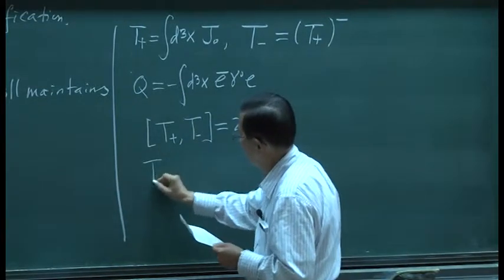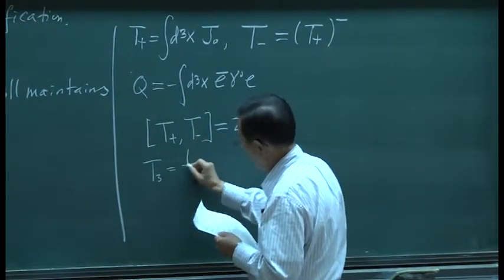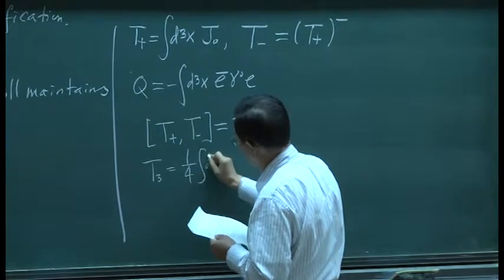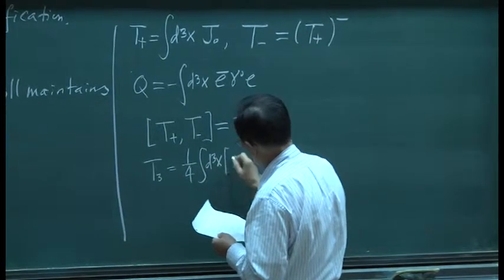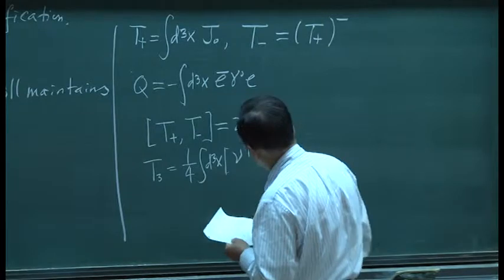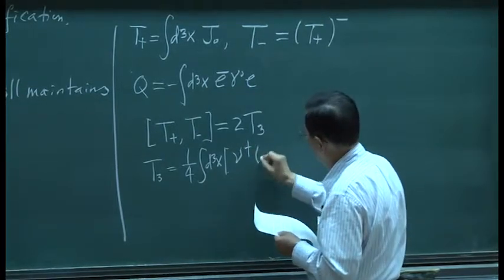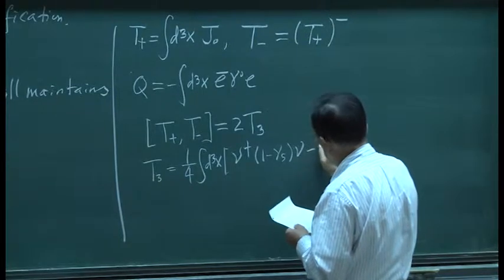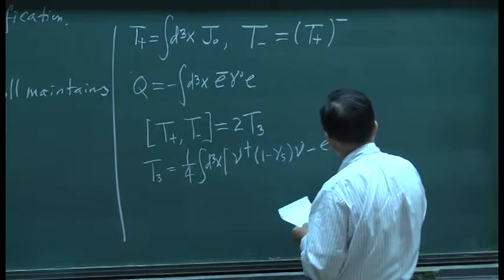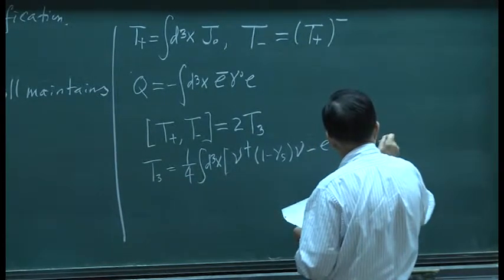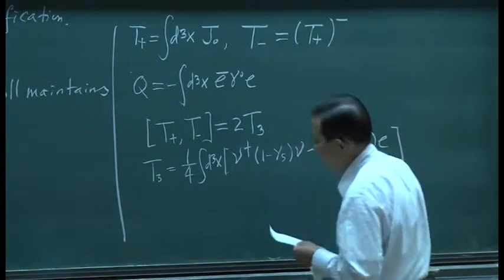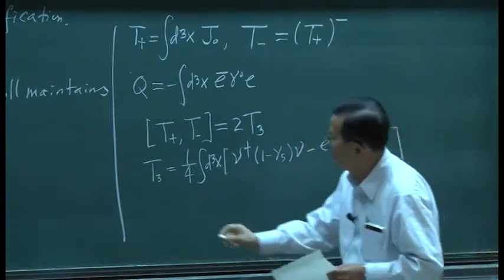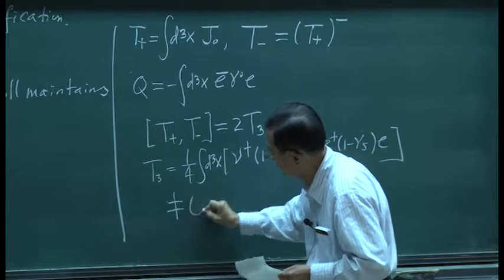And then T3 equals 1/4 d3x, mu Hermitian conjugate (1 minus gamma 5) mu minus e bar (1 minus gamma 5) e. Okay? And the point to observe is that this is not equal to Q.